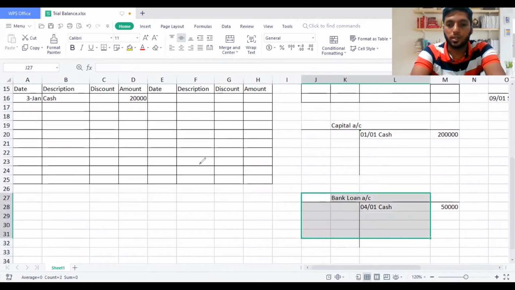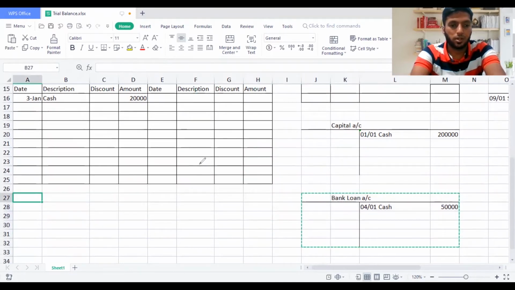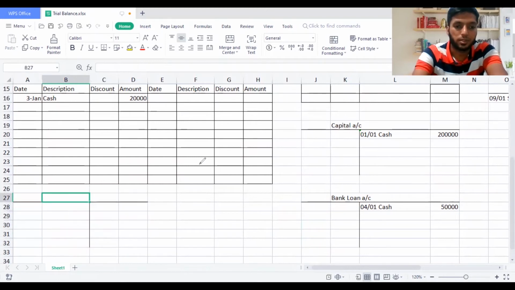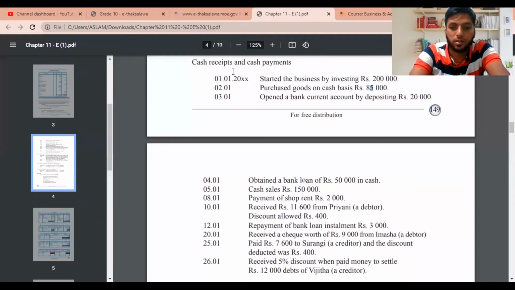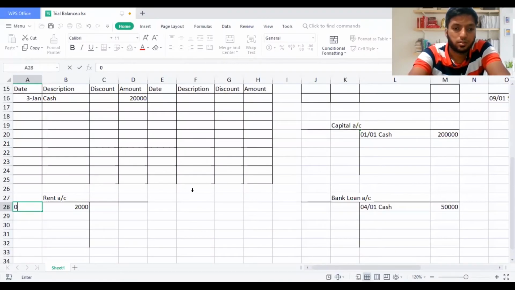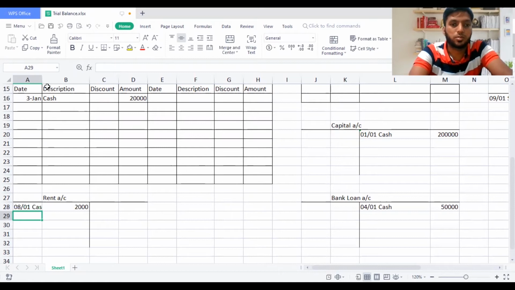Credit cash book, debit rent account. So I'll record it here as we have a few spaces here. Rent account. So I'll write here 2,000. It's cash which we need to record, right, guys? I'm going to write here cash. What is the date of cash? We made the rent payment on 8th first. So I'll record here 8th first, saying cash. So recording is done almost on that also.